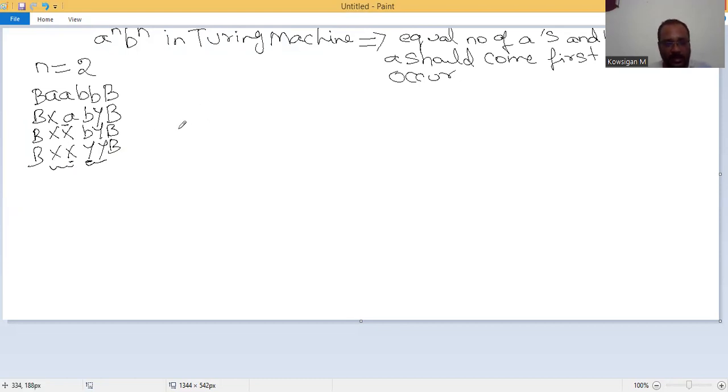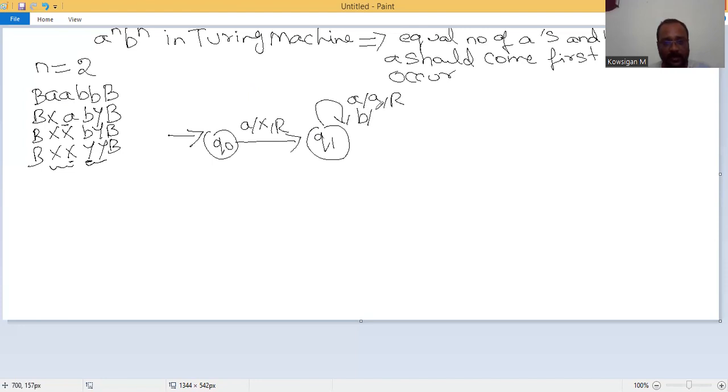Now I will construct the automata diagram to perform this operation. Start with Q0. A is replaced with X and move to right hand side. Then Q1: you have to move to right hand side until reaching the blank. In between, the elements will be represented as they are and we keep moving to the right hand side.